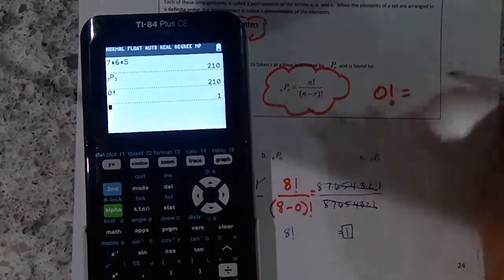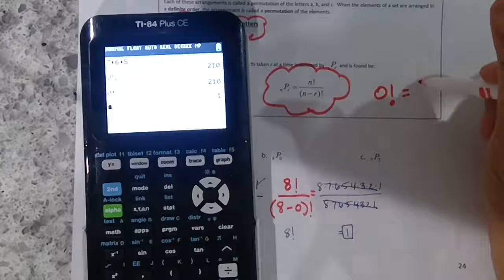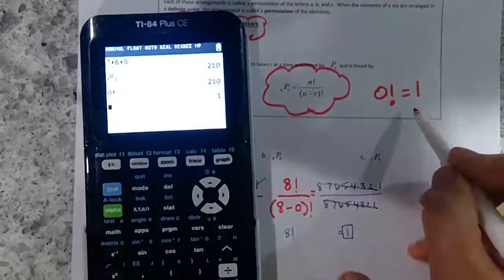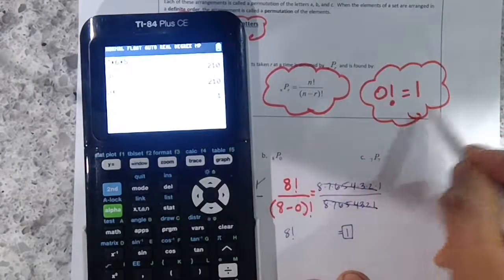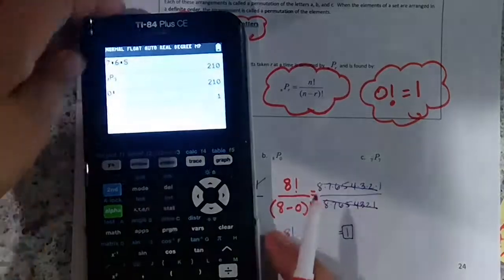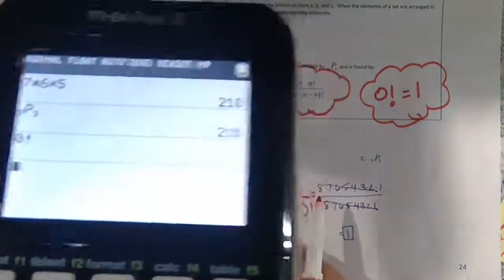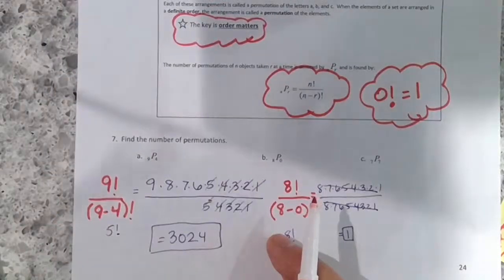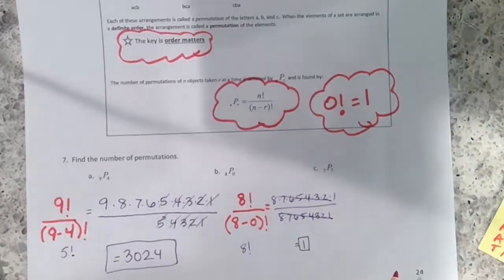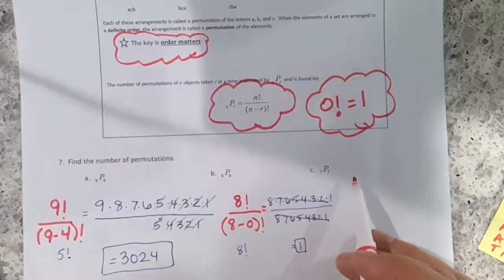Let's make that another rule. What they're saying is, if you have 0 things, how many ways can you arrange 0 items? 1 way, I guess.